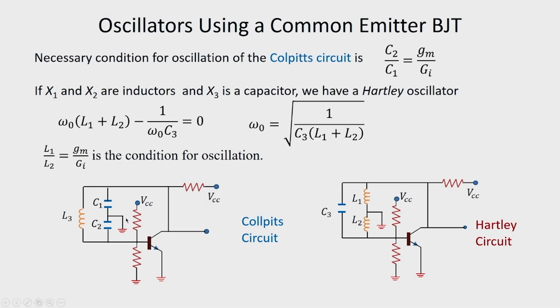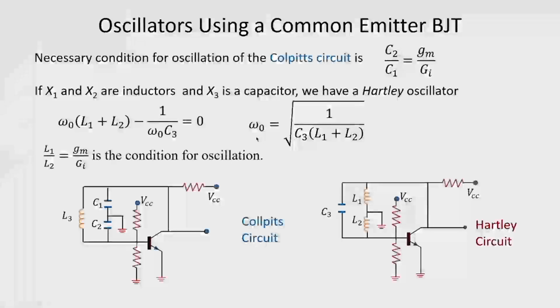Now, both the circuit configurations provide positive feedback, which is necessary for the operation of an oscillator, and the frequency of oscillation is decided by omega naught for both the circuits, and the oscillation frequency can be set by proper design of the inductors and the capacitors.